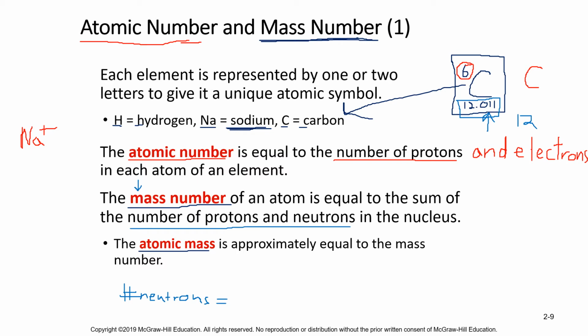And since the atomic number is the number of protons, if we subtract the two, we get the number of neutrons. So it is the atomic mass, or mass number, minus the atomic number.